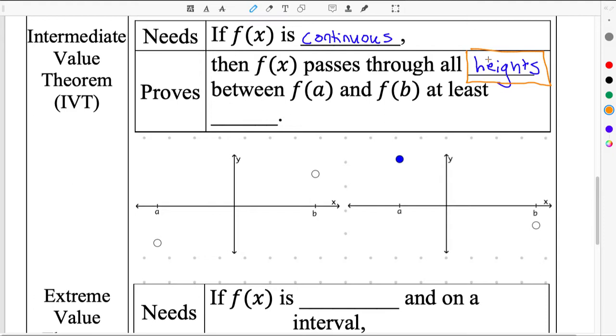And you'll be like, heights! It proves heights! You will be more specifically correct if you say that f of x passes through all heights between f of a and f of b, but if you just use that one word, heights: IVT, needs continuous, proves heights. That's all I want you to remember for your flashcard. You've memorized IVT. Of course, there's the more specific theorem, which is right here.